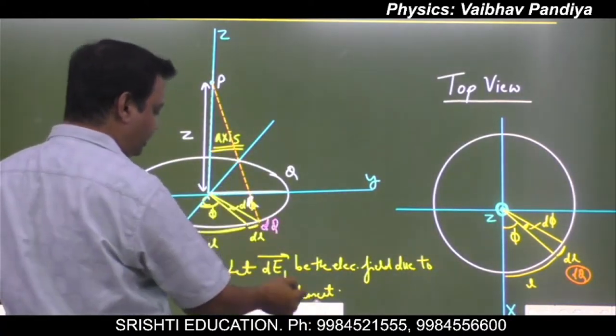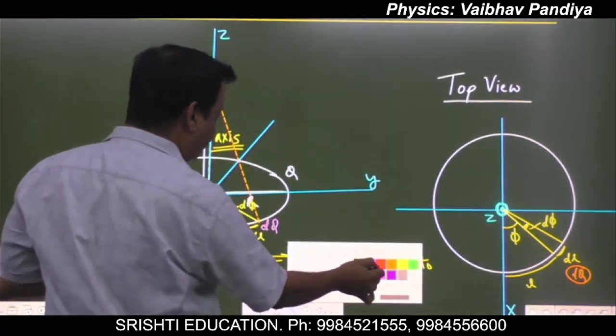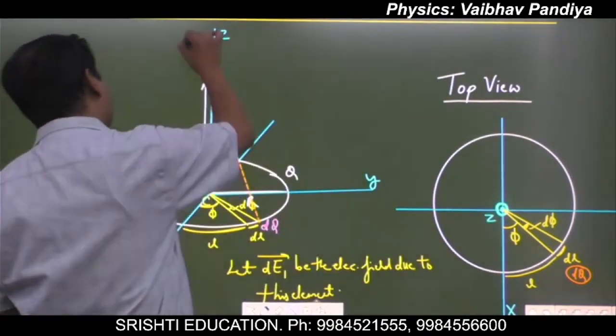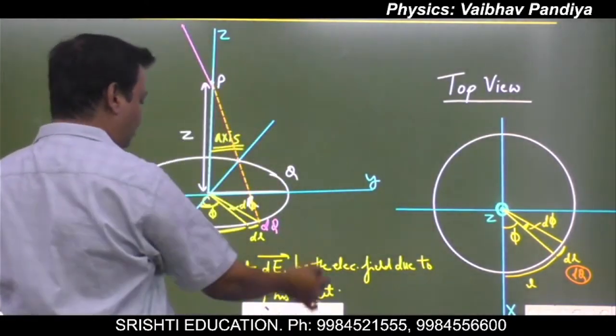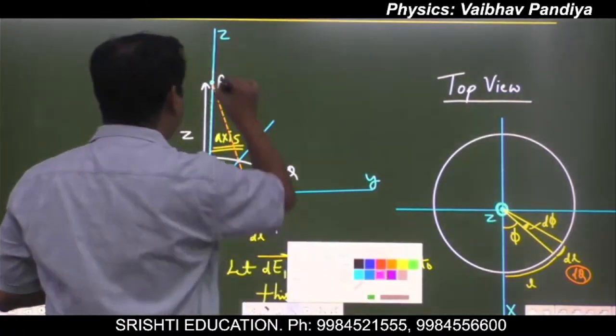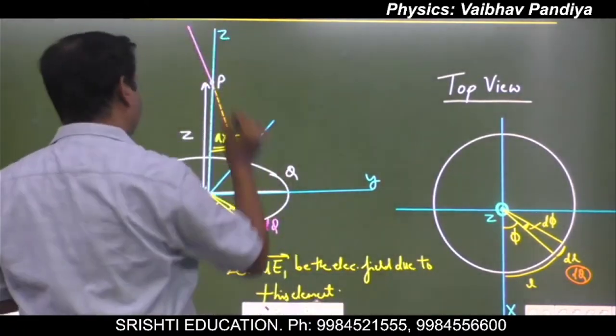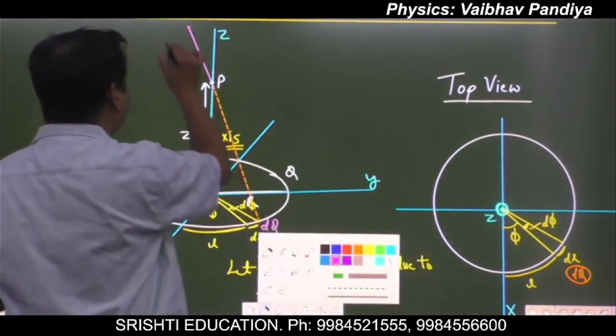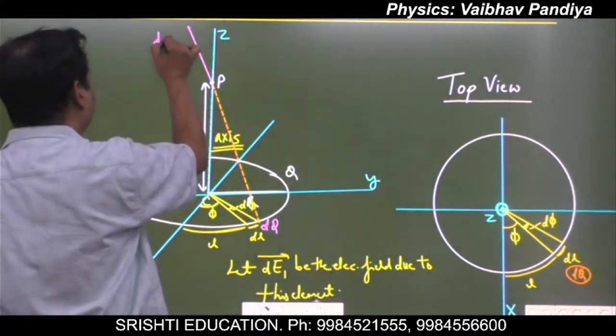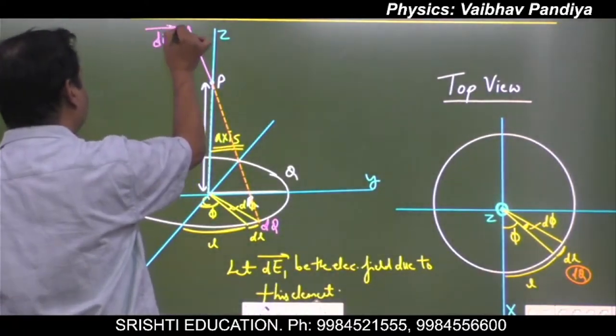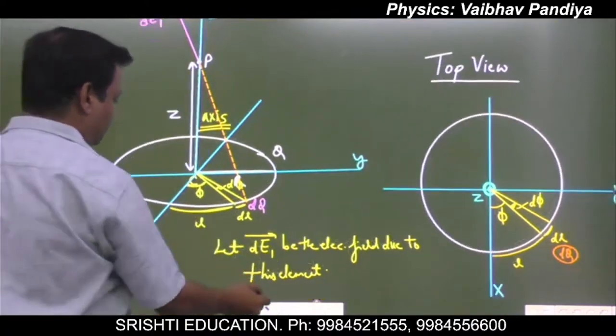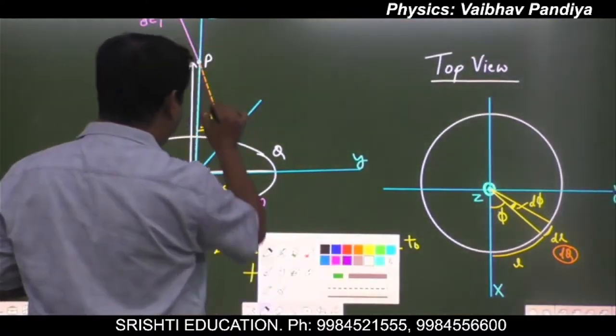This is the line joining the target point with the source, and the electric field vector will be outward along this line. So let this vector be dE1.